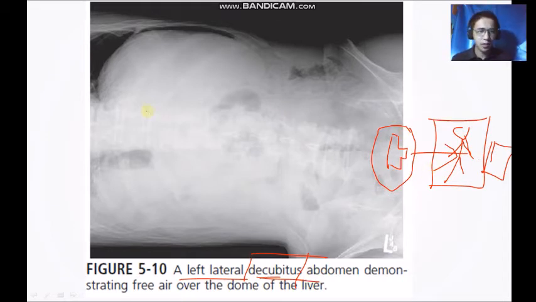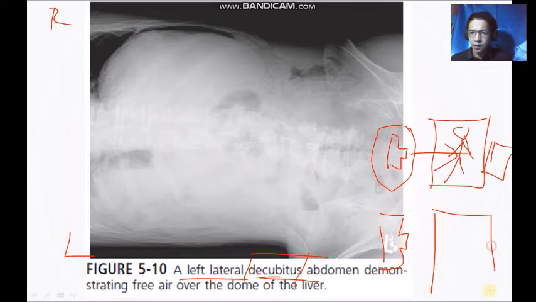Okay, so in this position, left lateral decubitus, that means this is the left side of the patient. This is the right side of the patient. Okay, so that means, for example, this is the X-ray tube, this is the table, this is the patient nga naka-lateral recumbent, na naka-flex to gayang knee.